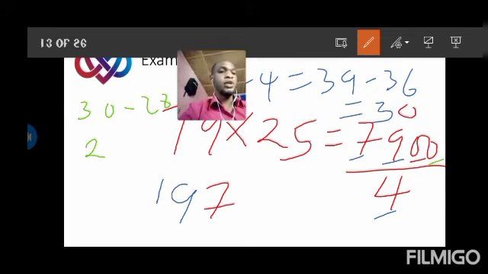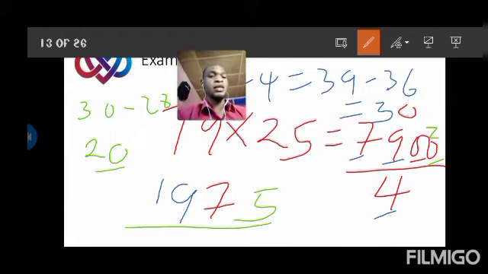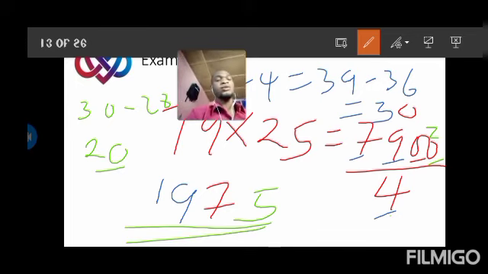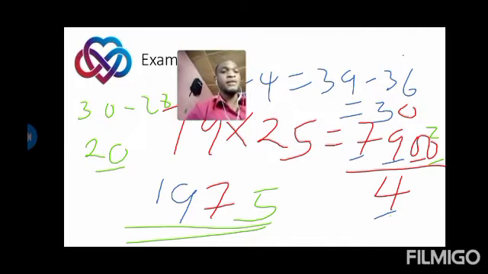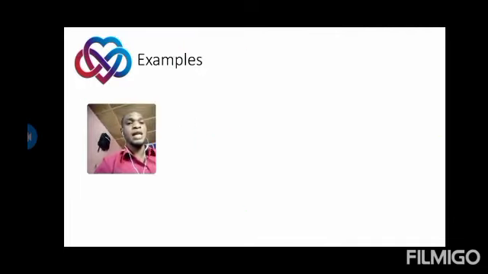Then I'll pick this last 0 and add it to the back, so the 2 will be 20. 4 in 20 is 5. So the answer becomes 226,975. I believe that is somewhat easy and simple.